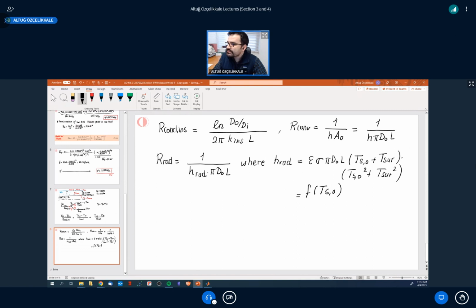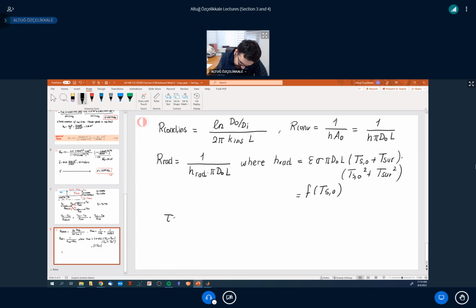Okay, so when we substitute these expressions, we're actually going to recover the Stefan-Boltzmann law from this. I simply use this to illustrate the radiative thermal resistance concept here, to remind you of that. But at the end, we are going to recover the radiative heat transfer rate per unit length.